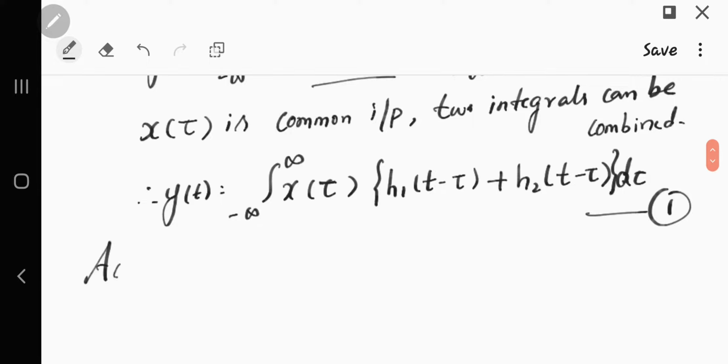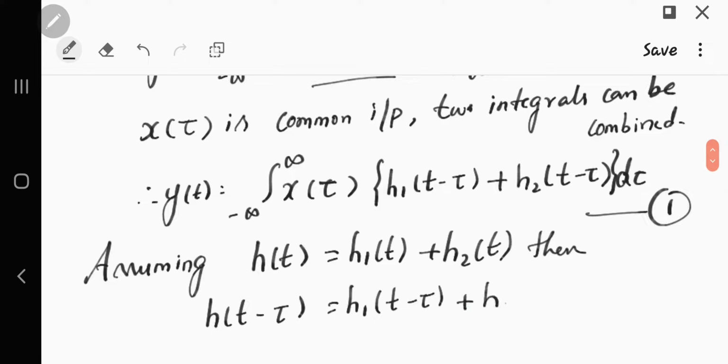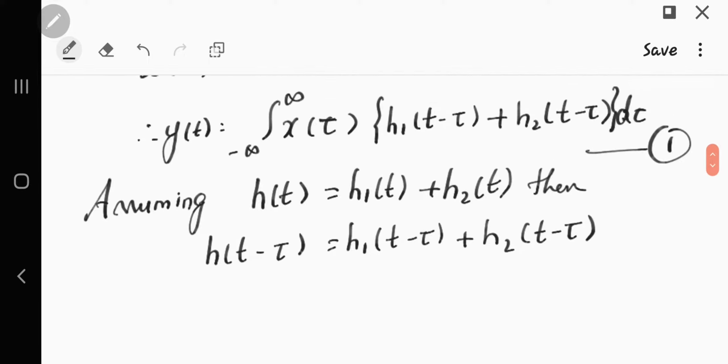Now, if you assume that the overall system impulse response h of t is equal to h1 of t plus h2 of t, then since it is an LTI system, it possesses the time invariant property. So h of t minus tau can be written as h1 of t minus tau plus h2 of t minus tau.